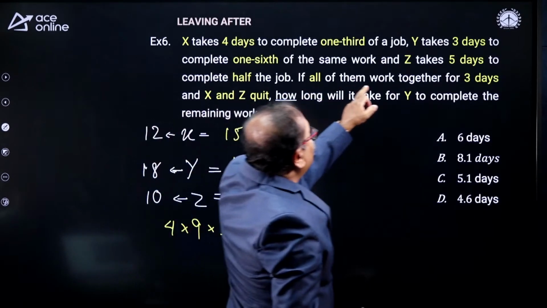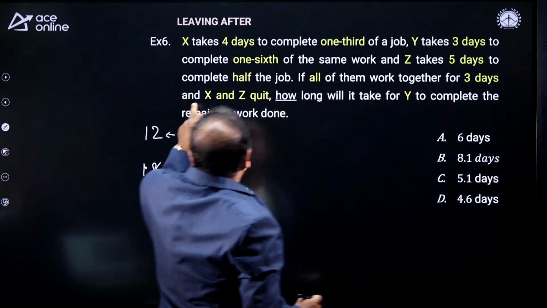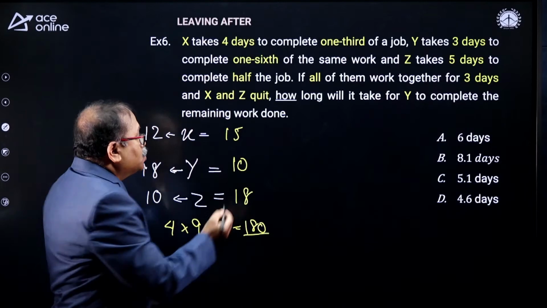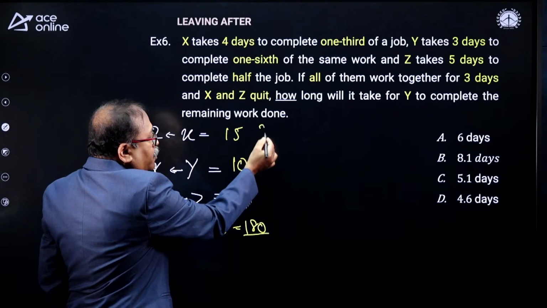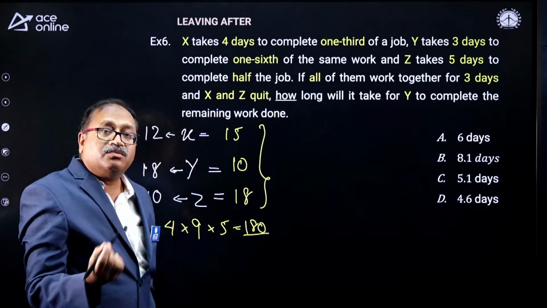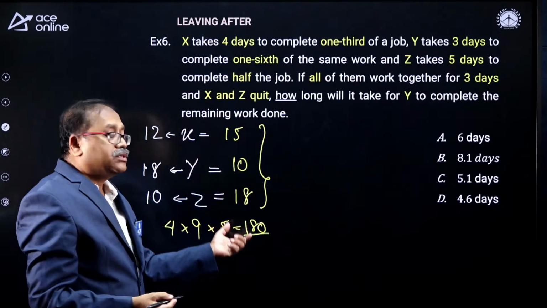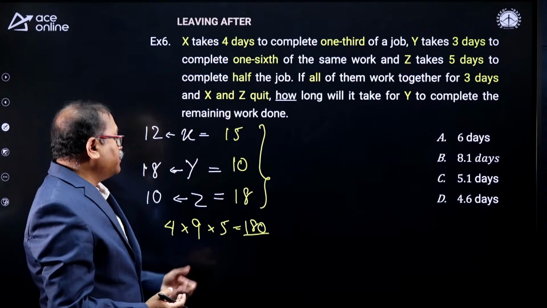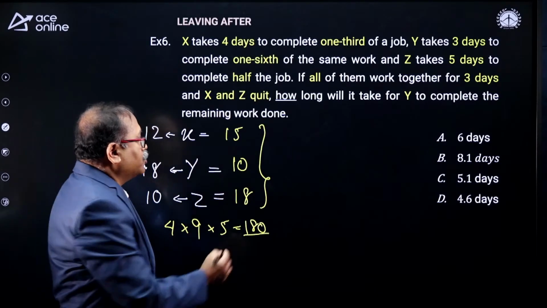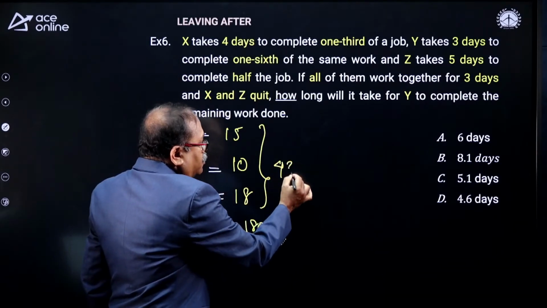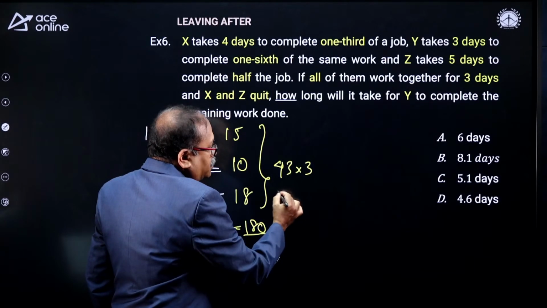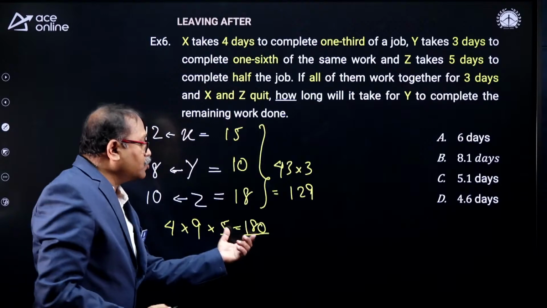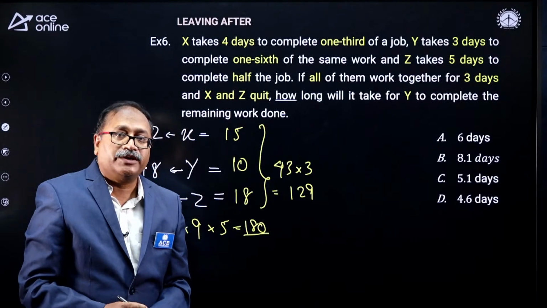All of them work together and after 3 days, X and Z quit. So if all of them are working for 3 days, per day how many units get completed? 15 plus 10 plus 18: 15 plus 10 is 25, and 25 plus 18 is 43. So per day 43 units, and they worked for 3 days. That means 129 units out of 180 units are over.